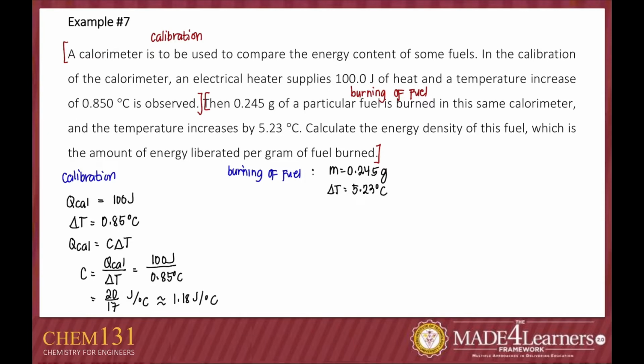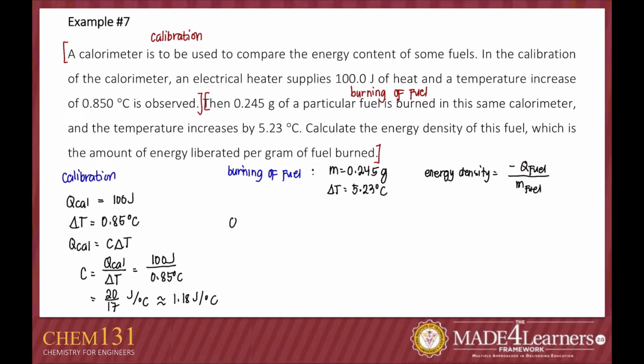So if you talk about energy density, the formula, class, is negative Q fuel, meaning that's for the reaction, divided by the mass of the fuel burned. So we need to find this value first.